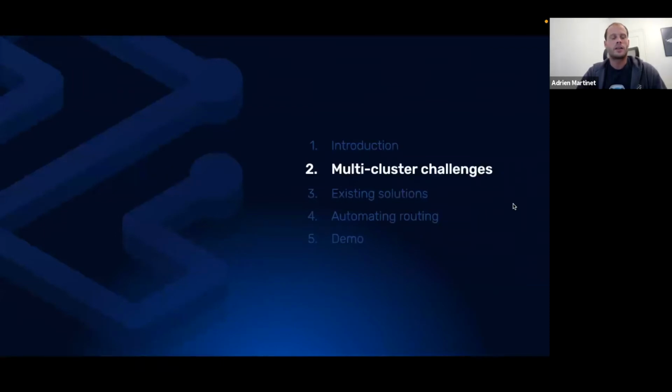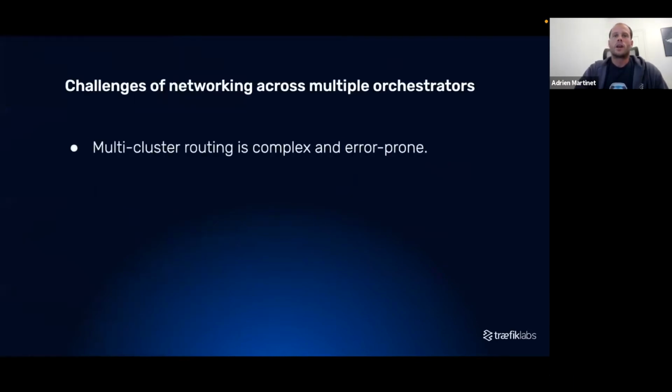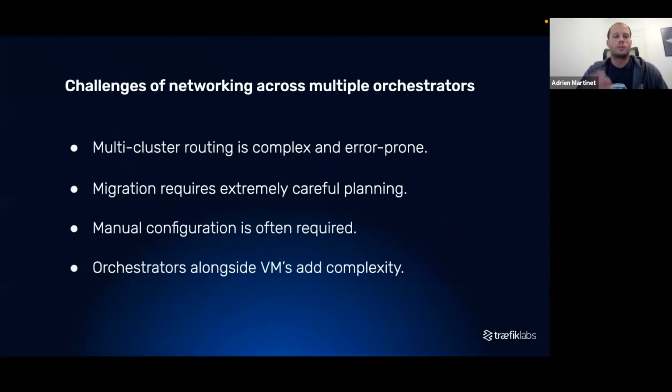Okay, so let's have a quick view now of the challenges associated with multi-cluster networking. The first one that we can mention is that some customers are used to having a certain container platform for a few years. Back then, some of them were using Mesos. We still have a few users and customers running Docker Swarm, by the way.